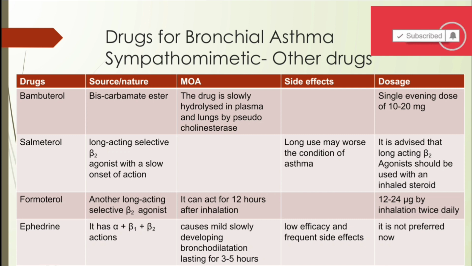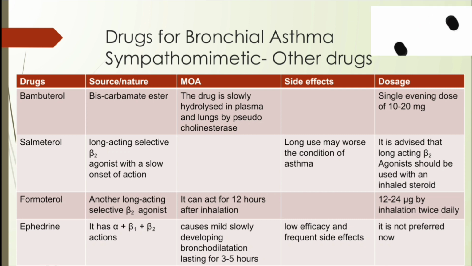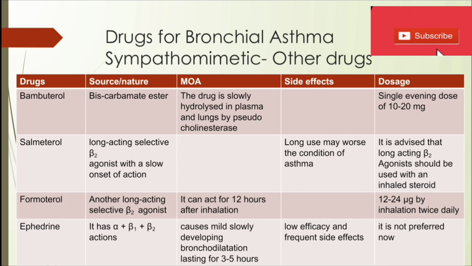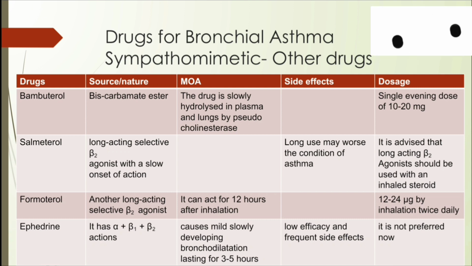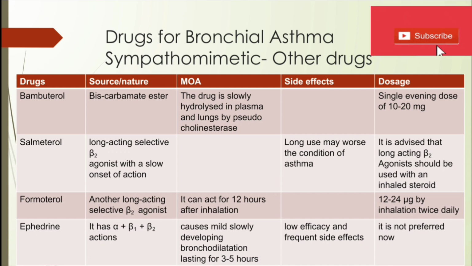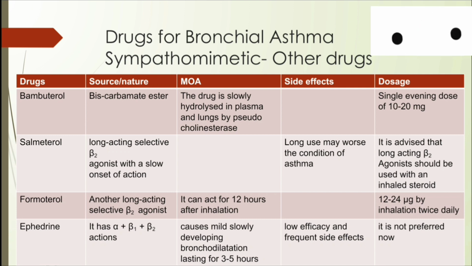Then the ephedrine, this is another sympathomimetic drug. It has alpha plus beta 1 plus beta 2 actions, and it causes mild slowly developing bronchodilation, lasting for 3 to 5 hours.